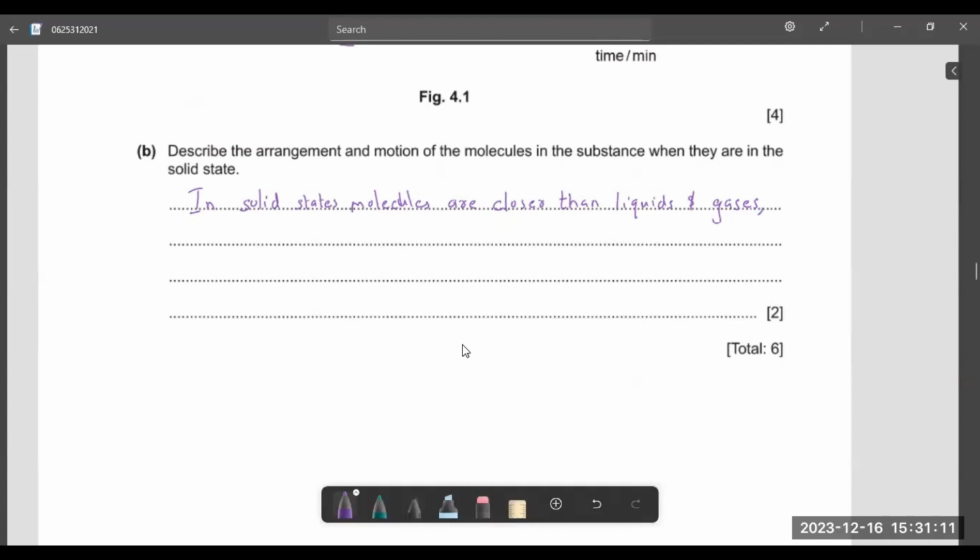They are in a regular arrangement, and they will be in a fixed position. So they can only vibrate.